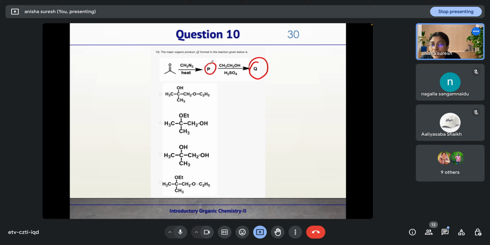We will be getting P, and upon treating with ethanol in presence of sulfuric acid, we get Q. So what is Q? B. Let us see.